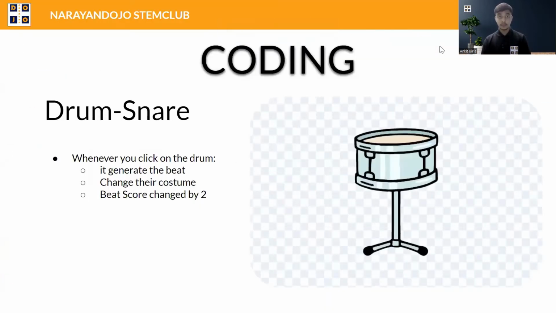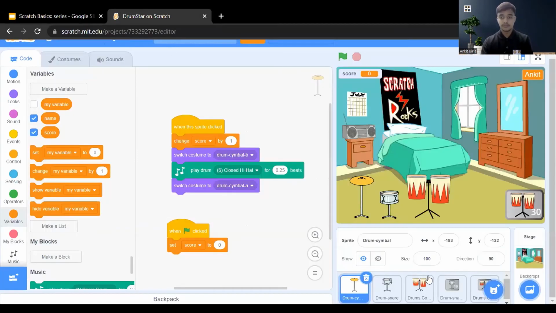Now write the same code for the second drum, which is drum snare. But in this, we need to change the score by 2. So just copy the same code in the drum snare sprite.